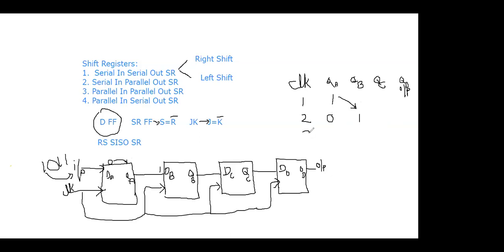Now before we consider the third clock pulse, here QD value becomes 1 and QA value becomes 0. So this QA value is coming here and this QB value is coming here, and the new one is shifted in here.